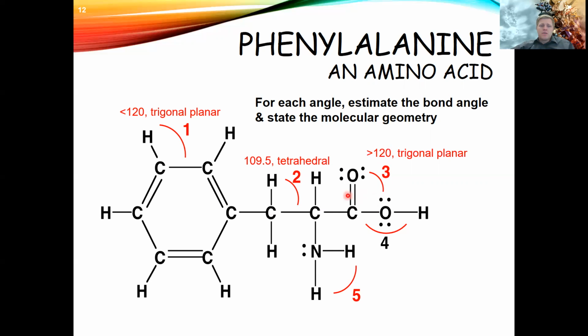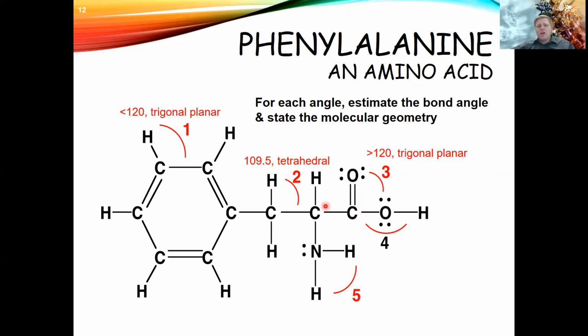So you'll notice that the bond angle here is actually not drawn correctly. We didn't draw the right bond angle. Up here in angle number 1, the bond angles around this carbon are all drawn correctly. But as you'll find out as you draw these structures, it's not always practical or even possible to draw the correct bond angles. So for bond angle number 2, the central carbon, there's no way to draw a bond angle of 109.5 between all of these.